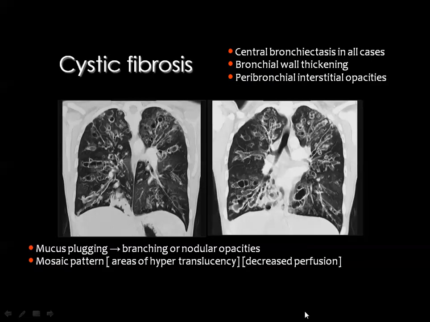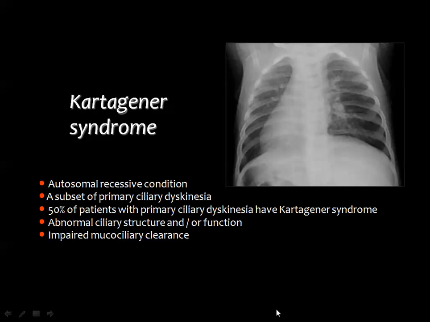Also, with multi-detector CT, you can have reconstructed images in the coronal and sagittal planes, so you have a better orientation of the dilated bronchi. You can see the bronchus along its whole course, and you appreciate that there are fusiform dilatation and sometimes cystic dilatation of the bronchi as well.